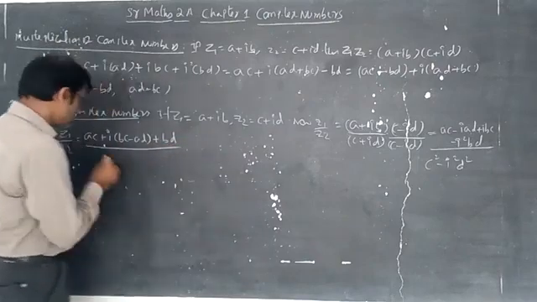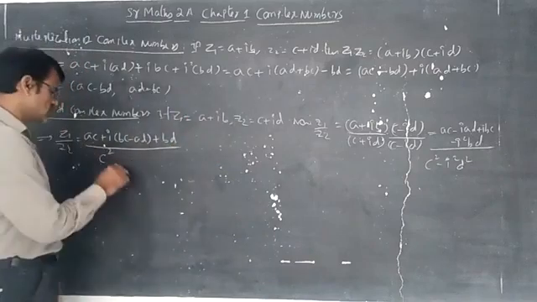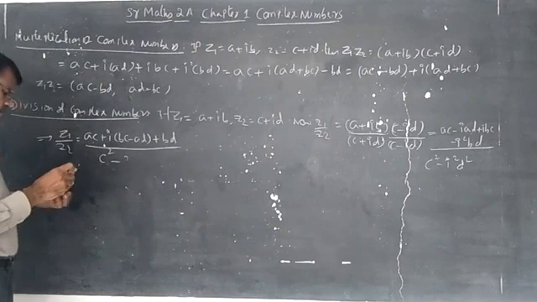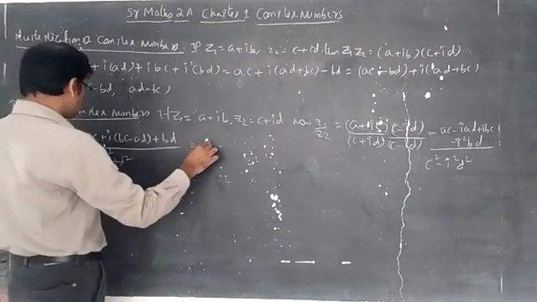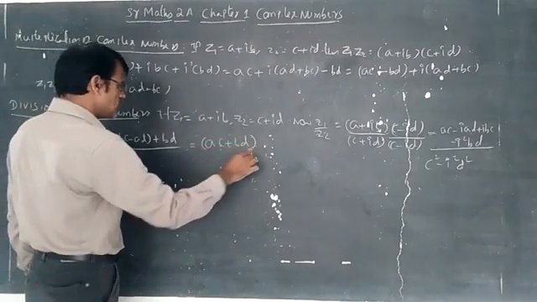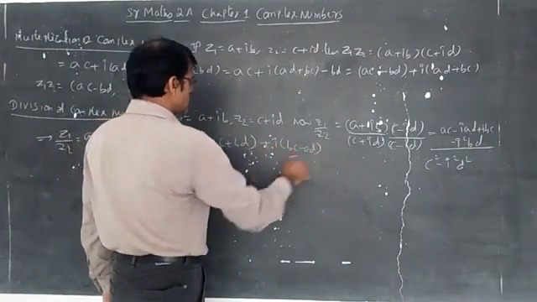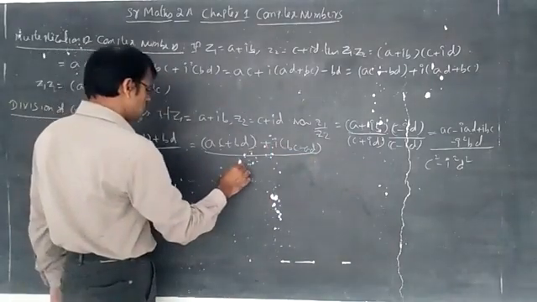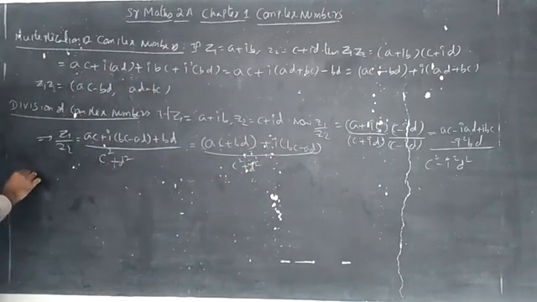By the a square minus b square concept, the denominator is c square minus i square d square, so minus i square becomes plus, so c square plus d square. So you can write here ac plus bd plus i into bc minus ad by c square plus d square. This is the division of complex numbers.